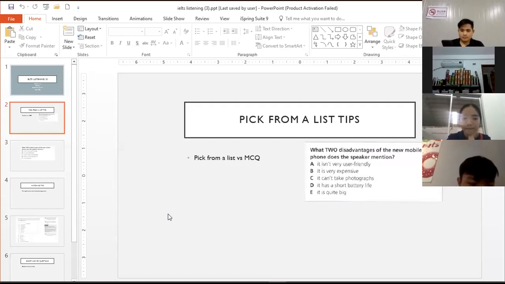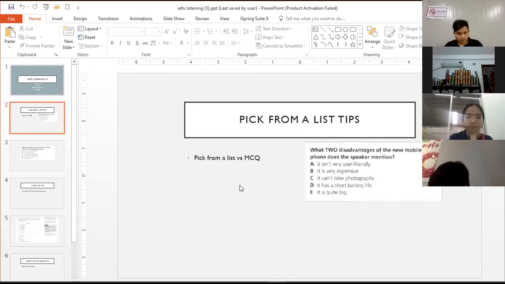Before we resume, this week we covered many past listenings already, like true, false, not given, form completion, multiple choice, map completion, and labeling maps, things like that. But today we'll look at another listening structure, and it will be again called like our reading structure, picking from a list.